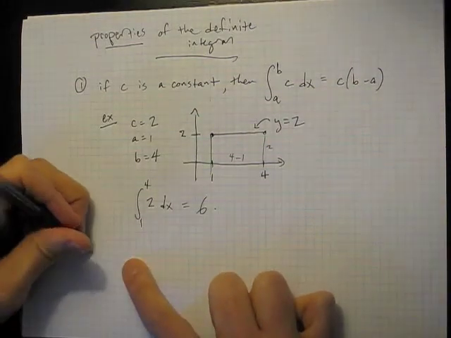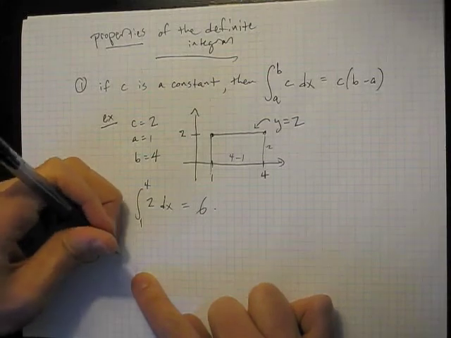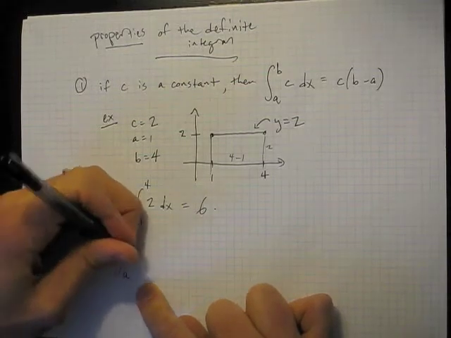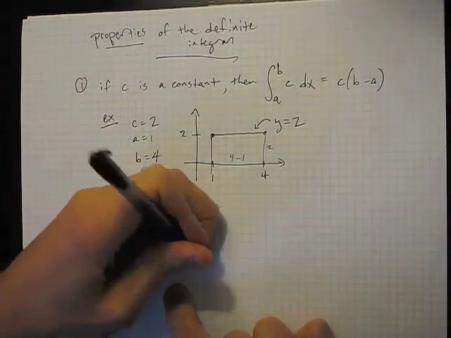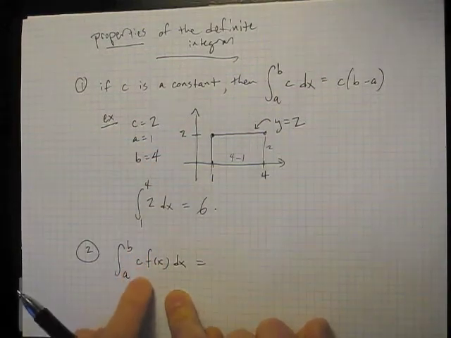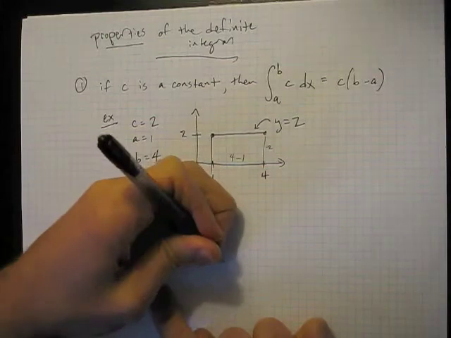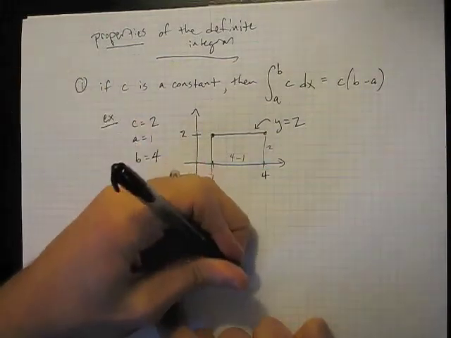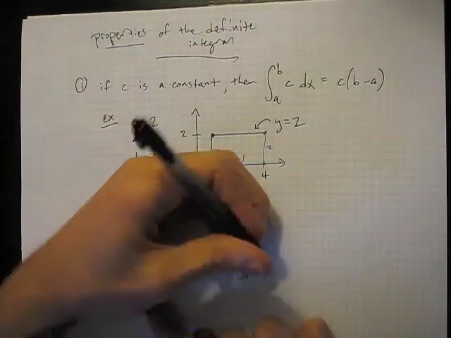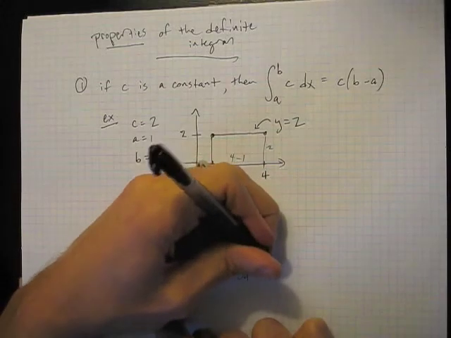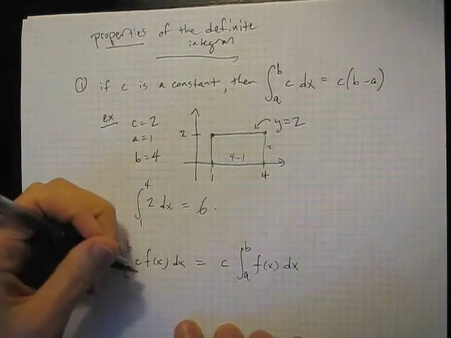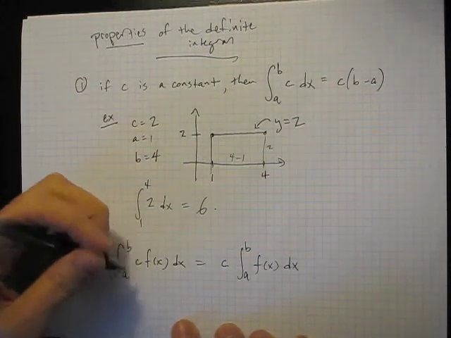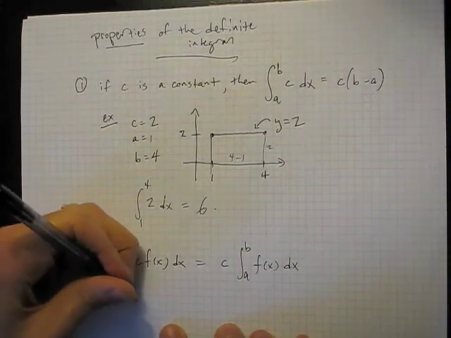Okay. Property number 2 is same situation. If you have a constant being multiplied by your function inside of the integrand, then that constant can just be removed. Okay. So as an example of this, suppose we looked at our last example.